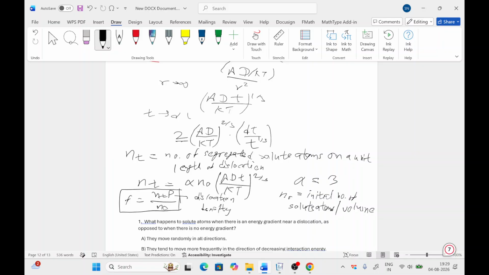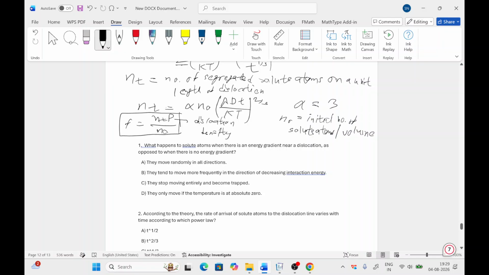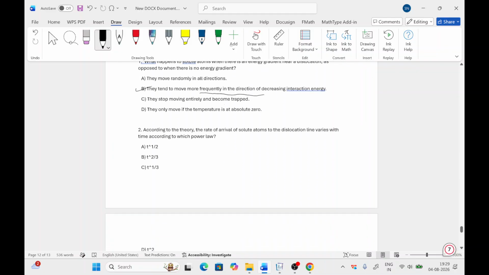Okay. So next is the MCQ type question. What happens to solute atoms when there is an energy gradient near a dislocation as opposed to when there is no energy gradient? They tend to move more frequently in the direction of decreasing interaction energy. So B option is correct. According to the theory, the rate of arrival of solute atoms to dislocation line varies with time according to which power law?